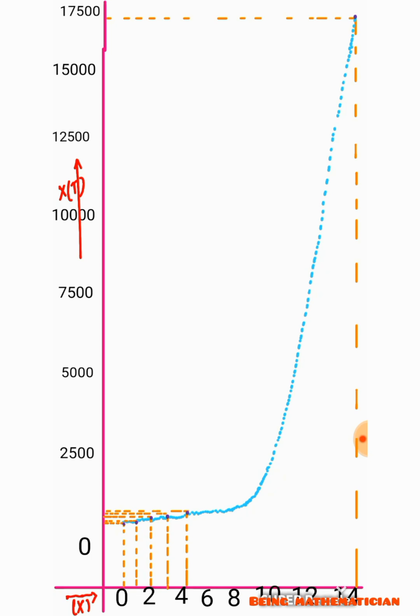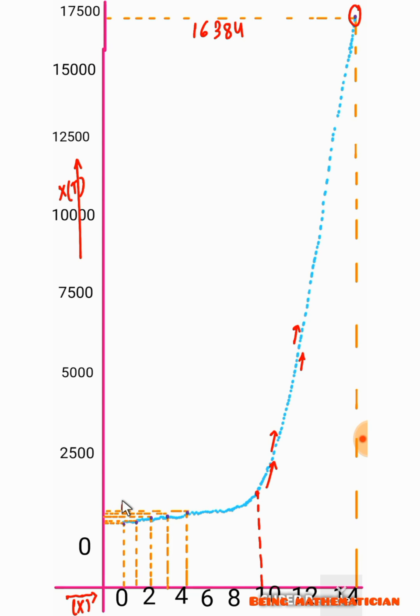If we observe it carefully, we see that after 10 days it shows a great increase of infection, and at 14 days it will be near 17,500, that is, this number is 16,384.